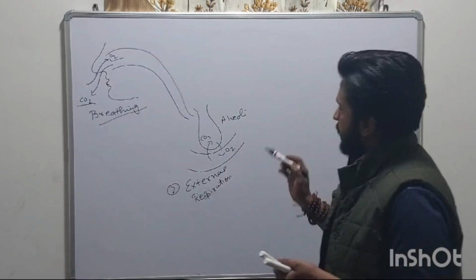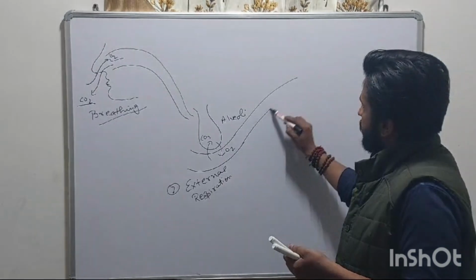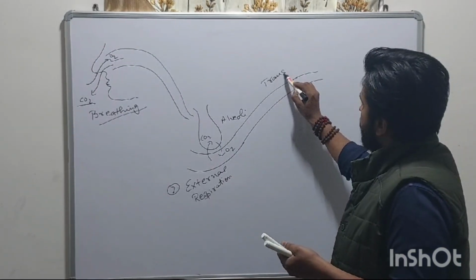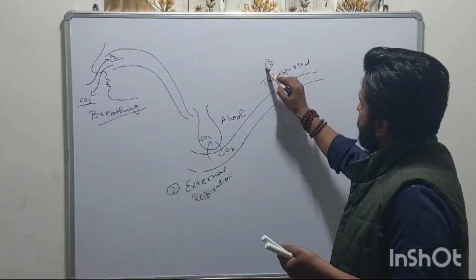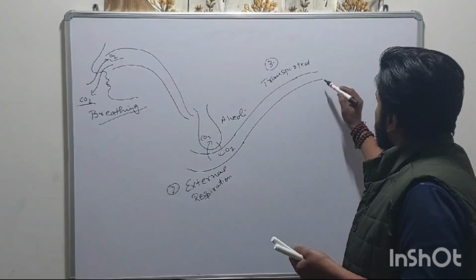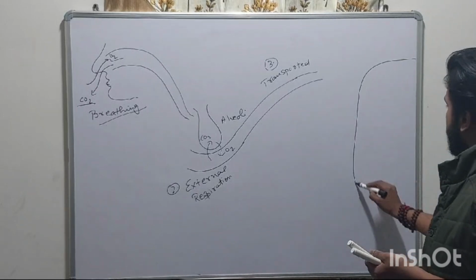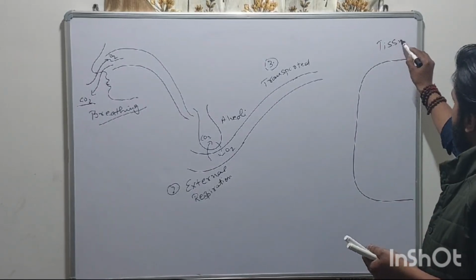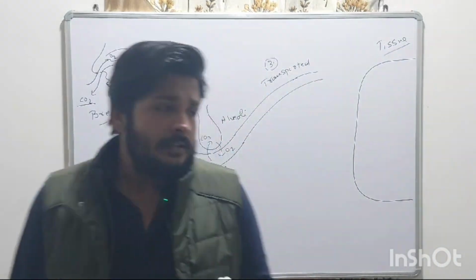Then what happens next? The gases which have been transferred are now transported for the last process. This is the third process, known as transportation, and the transported oxygen is received by the tissues, which are actually in need of oxygen.